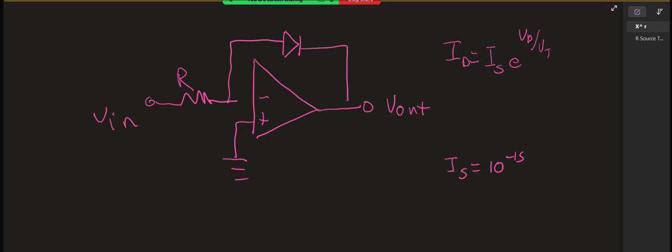Okay, what do we know about an op amp? V minus equals V plus. Yep, I plus equals I minus equals 0. Okay, so what do we know about this voltage right here, V minus? It is equal to 0. So what is VD?